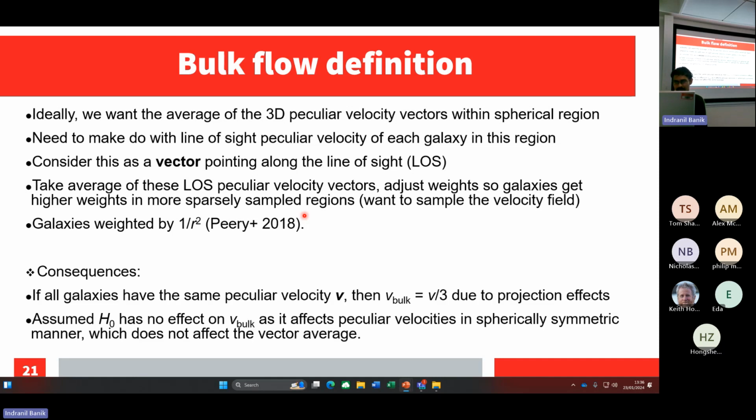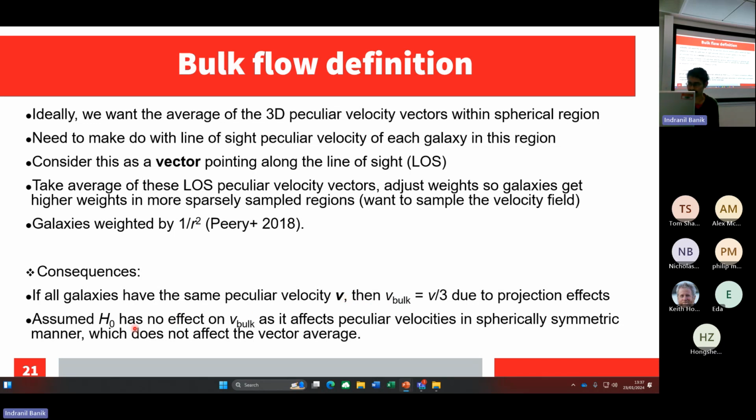But because it's using line of sight velocity components only, if all the galaxies in a sphere had the same vector velocity, then the bulk flow reported by observers would be 1/3 of that because of the projection. So that is something to bear in mind.